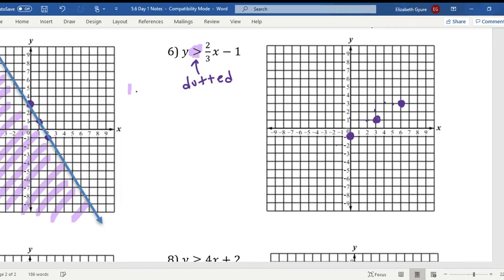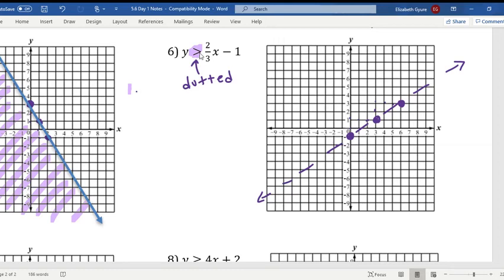So we are going to have a dotted line through here. All right, so there's our dotted line, and now we've got to decide where to shade. So this is a y is greater than symbol. So if it's greater than, Dallas, do you think I would shade above the line or below the line?